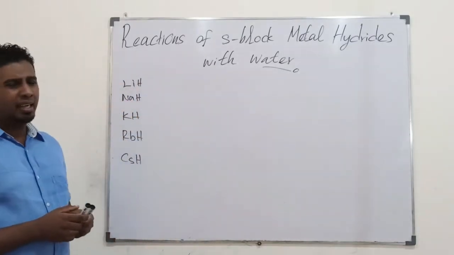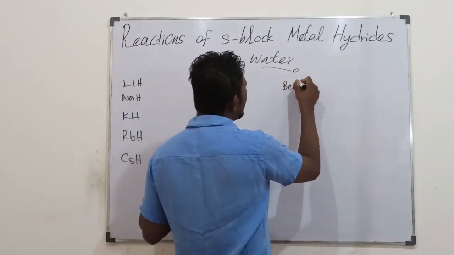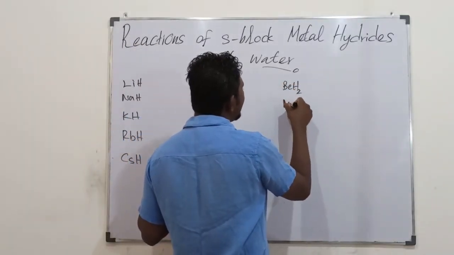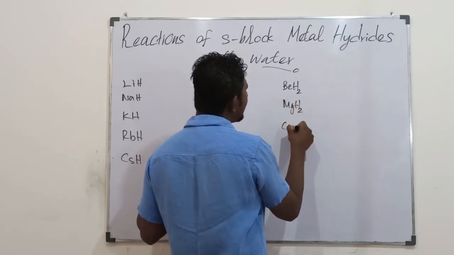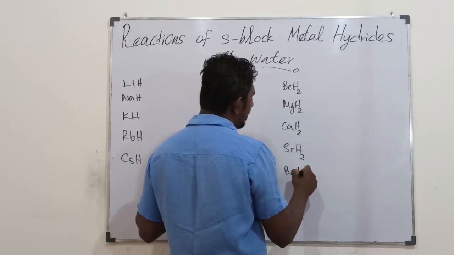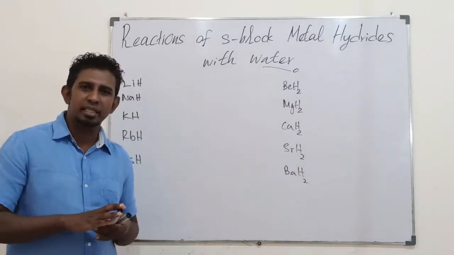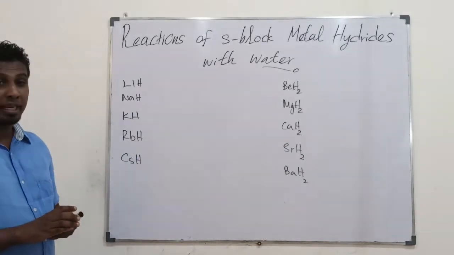So let's skip that. Then I could write the second group as well: beryllium hydride, magnesium hydride, calcium hydride, strontium hydride, barium hydride, then radium, also radioactive. So let's not write the radium hydride.